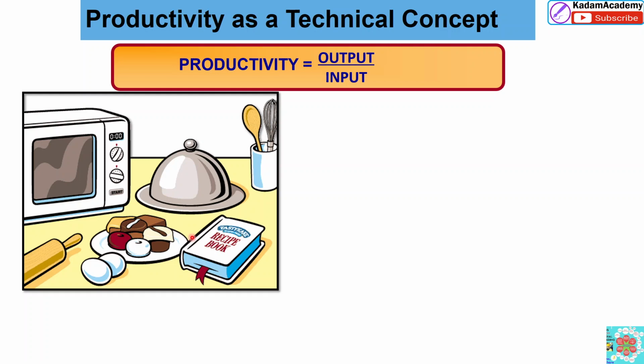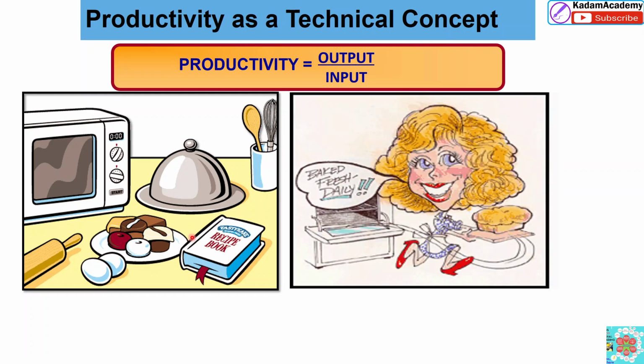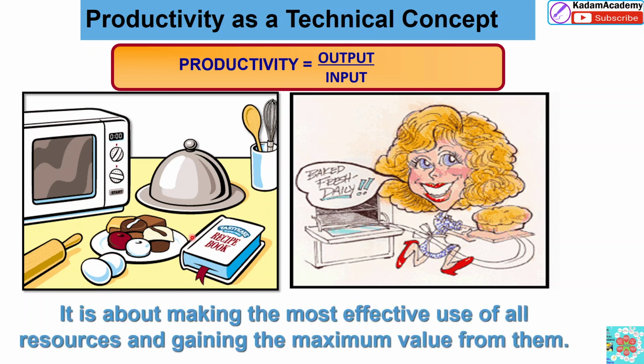At home, mother will prepare this cake, bake it and give it to eat fresh daily. That is the output of that product, with the inputs. This is a simple example to clear the concept of productivity. Friends, it is about making the most effective use of all resources and gaining the maximum value from them. That is the main important technical concept of productivity.